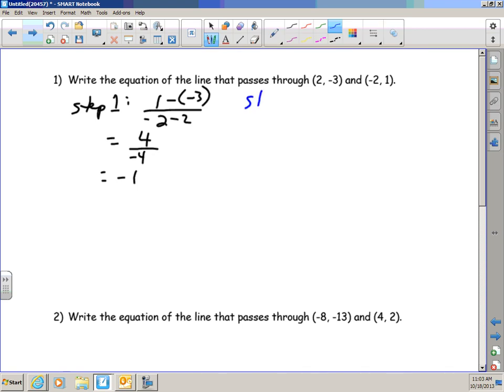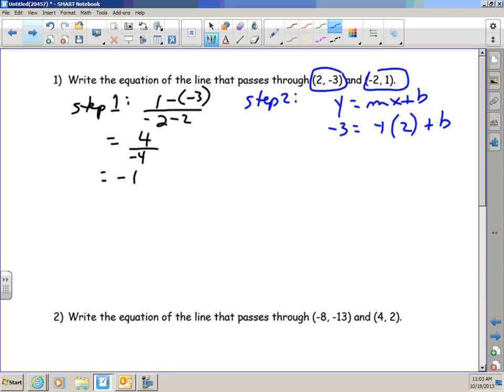Step 2, I can now put in, I have a choice. I can use this or that. I don't need both. So I have my y equals mx plus b. I'm going to put negative 3 in for y. I'm going to put negative 1 in for m. I'm going to put 2 in for x. And I don't know b.